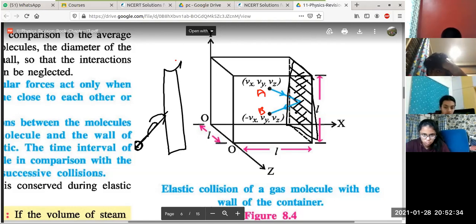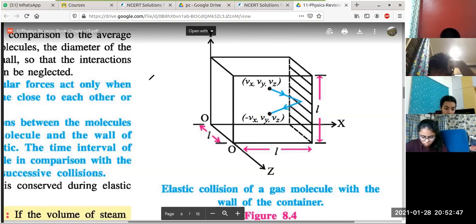Then we calculate the velocity along this normal. इसका vx matters, right? Vy and vz will be parallel to this wall, right? Understood? Okay.